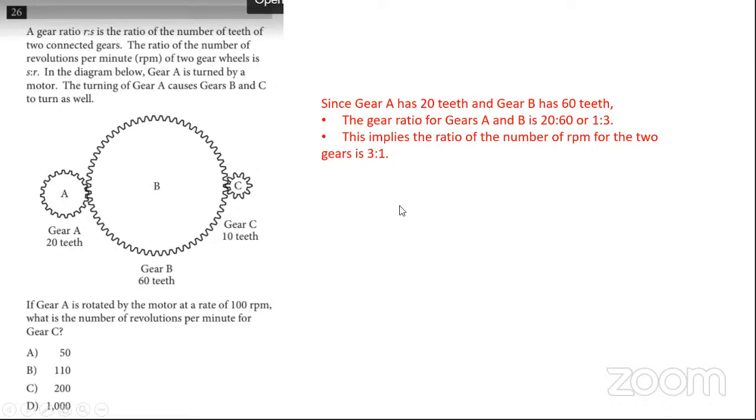So what does this mean? It means that if gear A has 300 RPM, then gear B has 100 RPM. That's basically what this 3 is to 1 ratio implies.